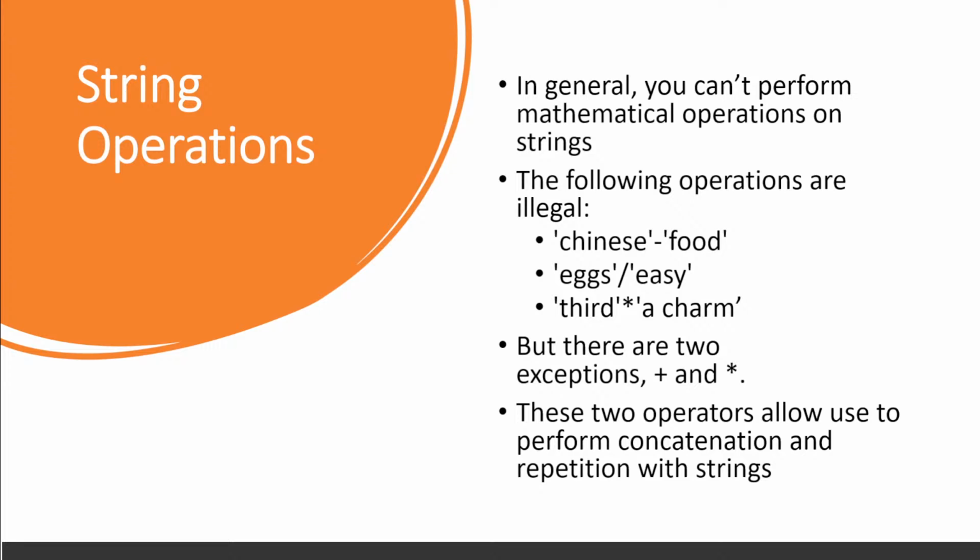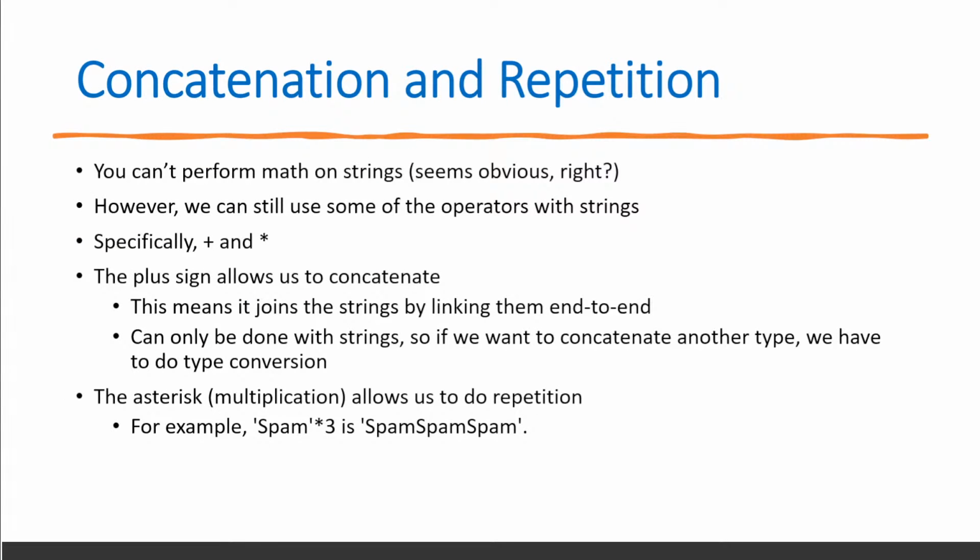But we actually can use our addition and multiplication operators on strings. Just when we use them in Python, they're not addition and multiplication operators anymore. We call them concatenation and repetition operators. With our concatenation operators, we've already seen an example of that.